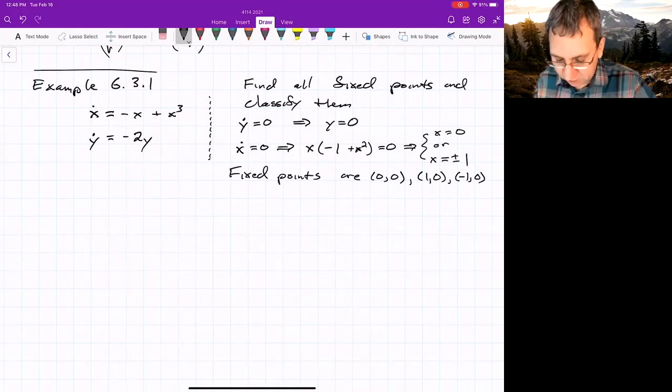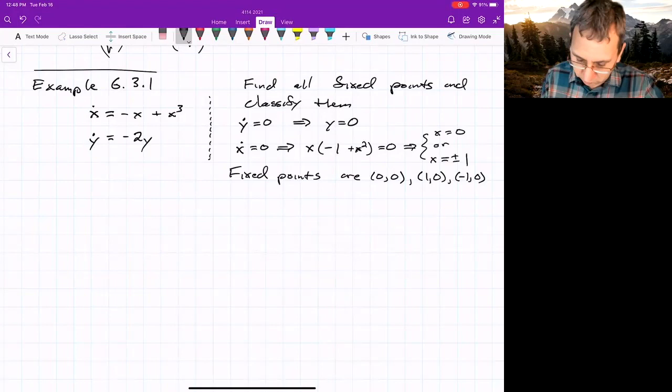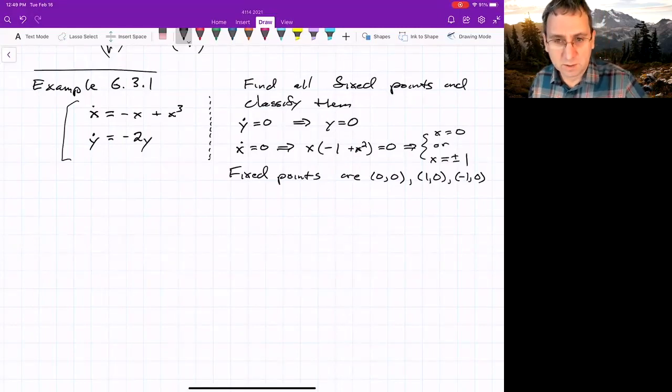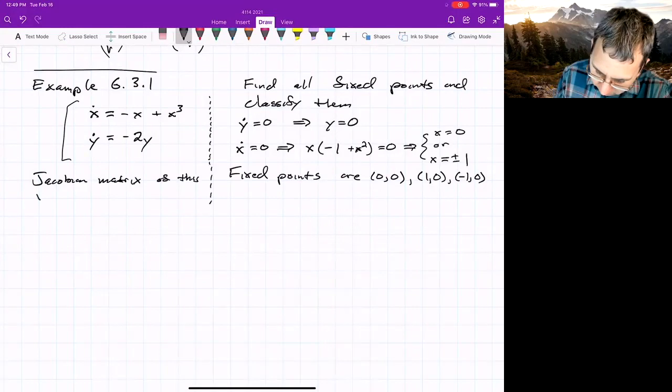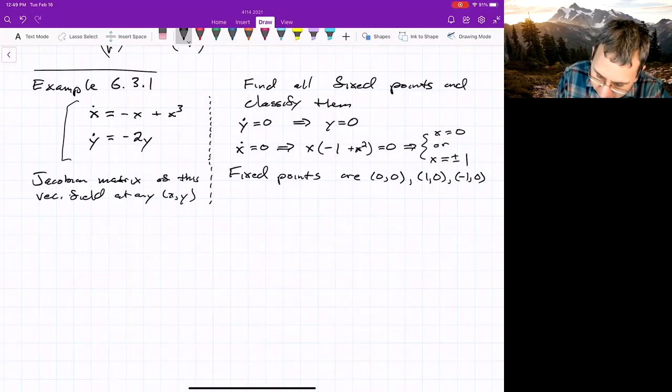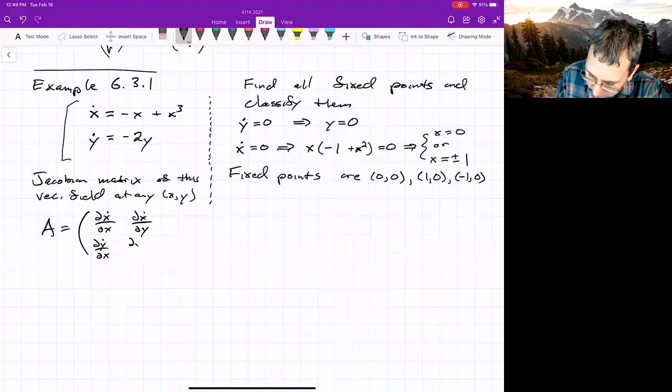What we could do is calculate the Jacobian for this vector field for any general point x, y, and then plug in these specific points. So the Jacobian matrix of this vector field at any x, y, not necessarily just a fixed point, you just take the partial derivative of each side. If you want, instead of writing it in terms of f, I'll write it this way: partial x dot partial x, partial x dot partial y, partial y dot partial x, partial y dot partial y.